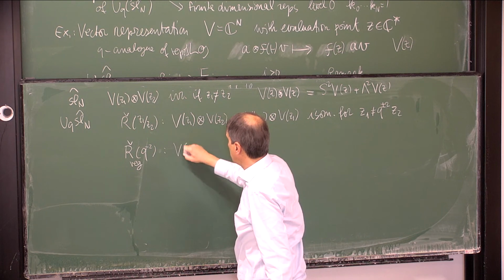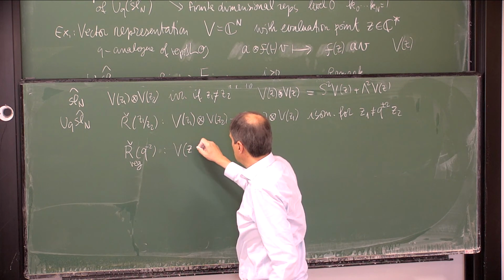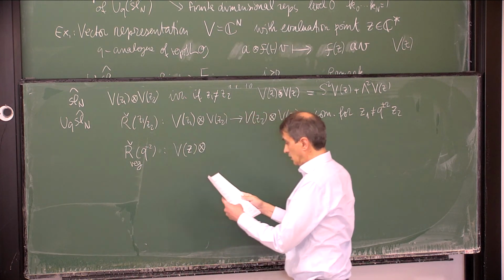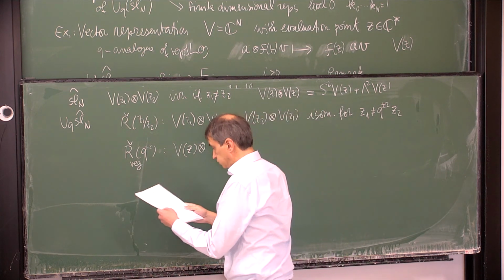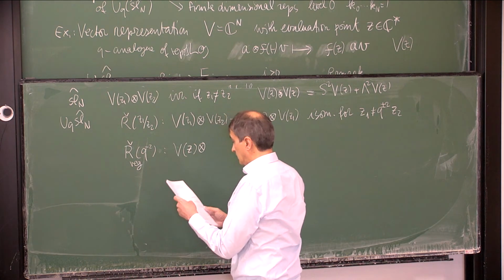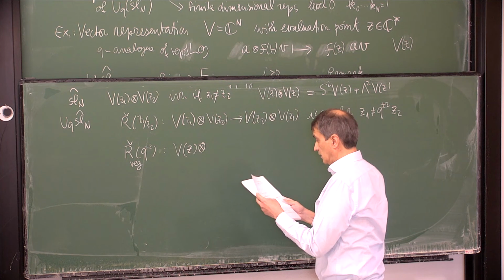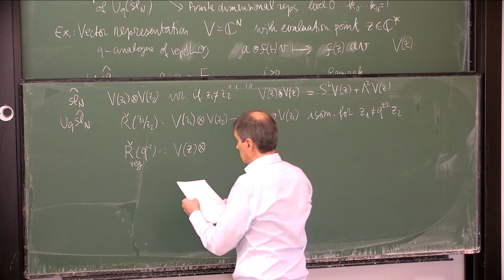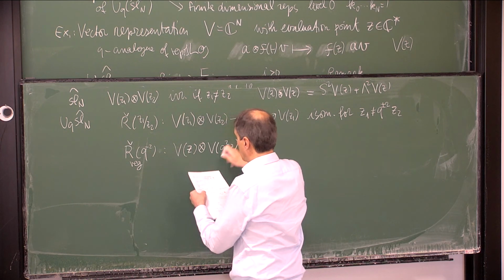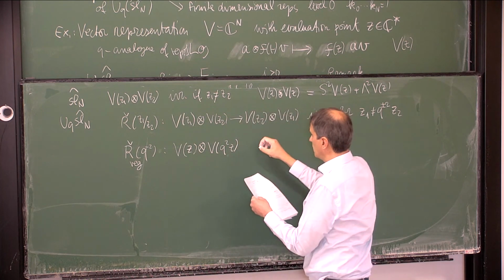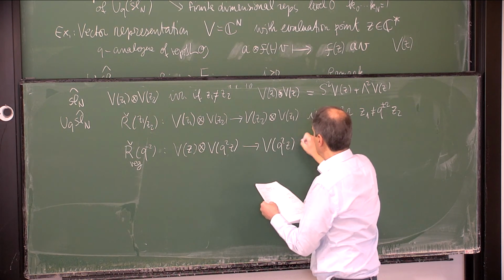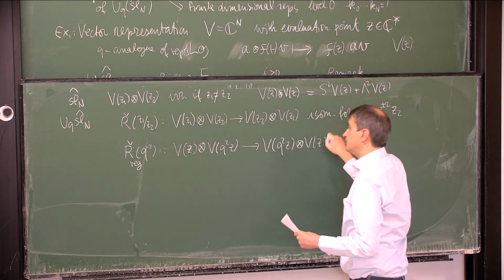This will be a map from Z, where the ratio is Q to the minus 2, a map between these two spaces.